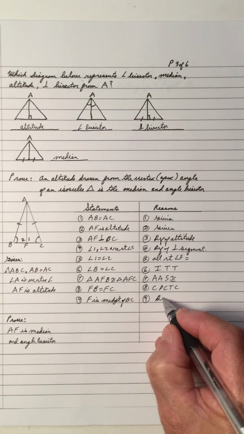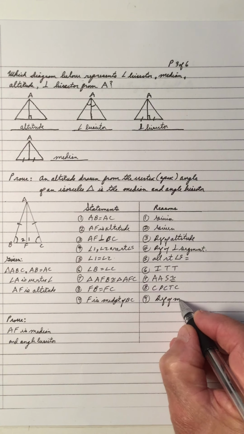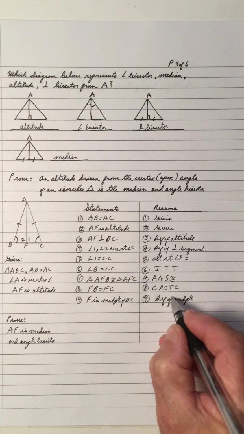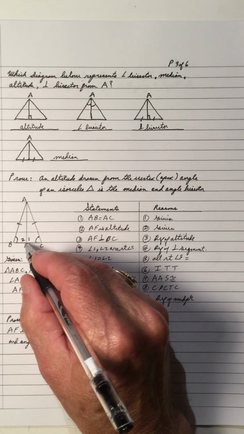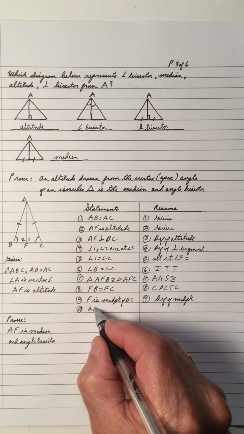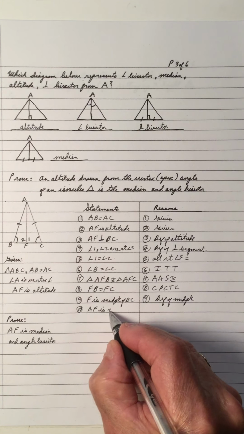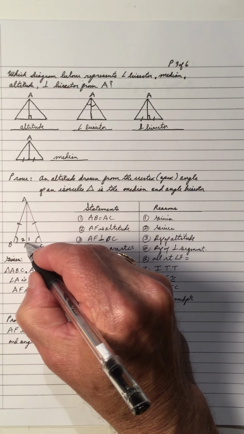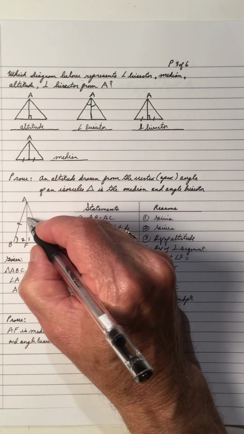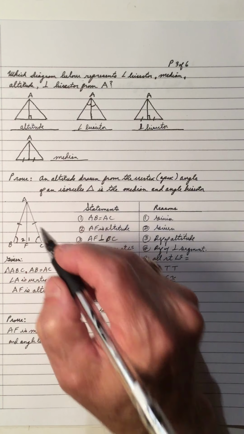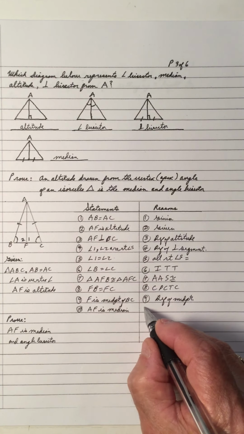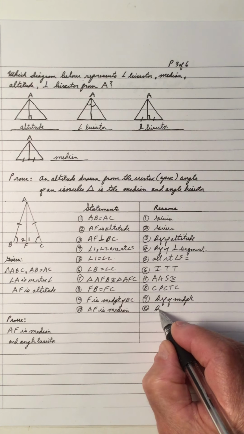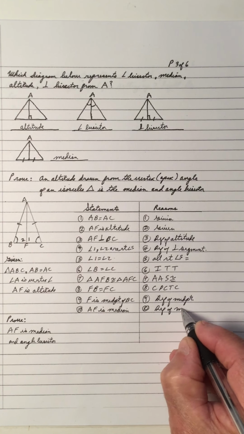And that's the definition of a midpoint. And because we have F as a midpoint, that means that AF is a median. Why? Because if that's a midpoint, then AF is drawn from the vertex to the midpoint, so that's the definition of a median.